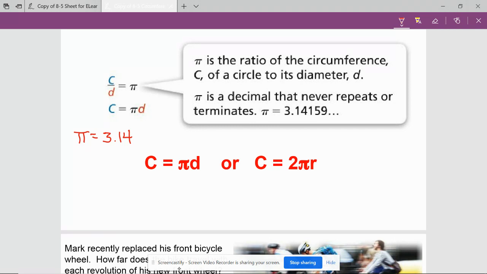So circumference equals pi, which is 3.14, times the diameter. That would be our formula. Or, if we know the radius, we could use circumference equals 2 times pi times r. We can use both of these, and you're going to see both these formulas in play as we go through the rest of these notes.